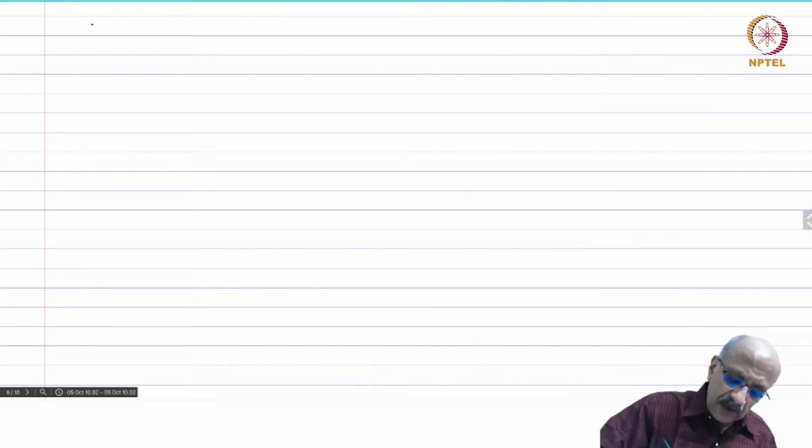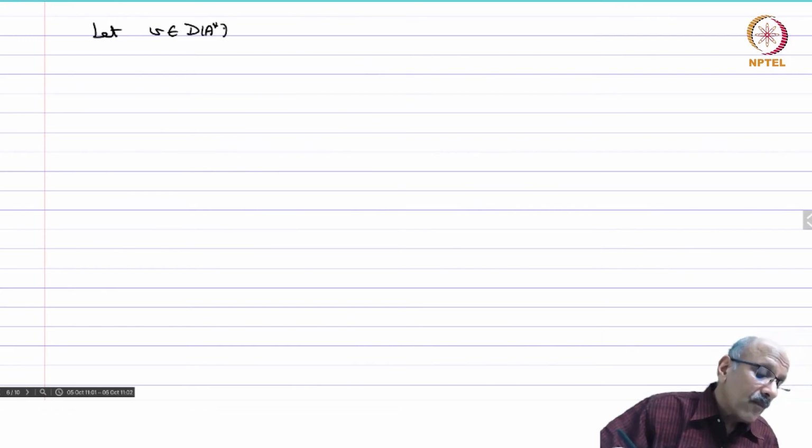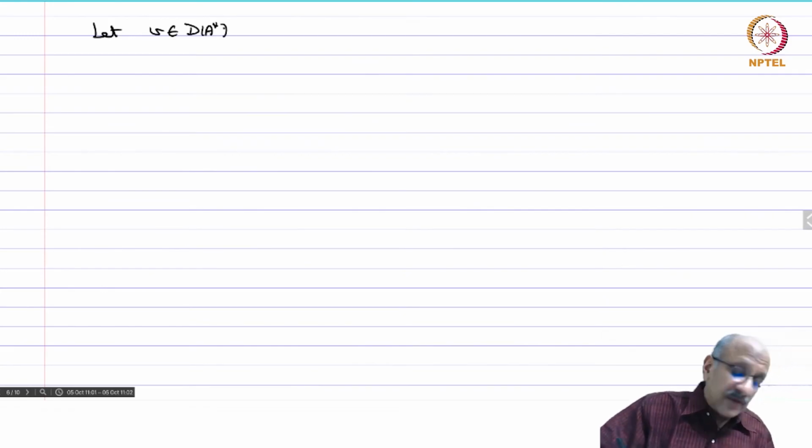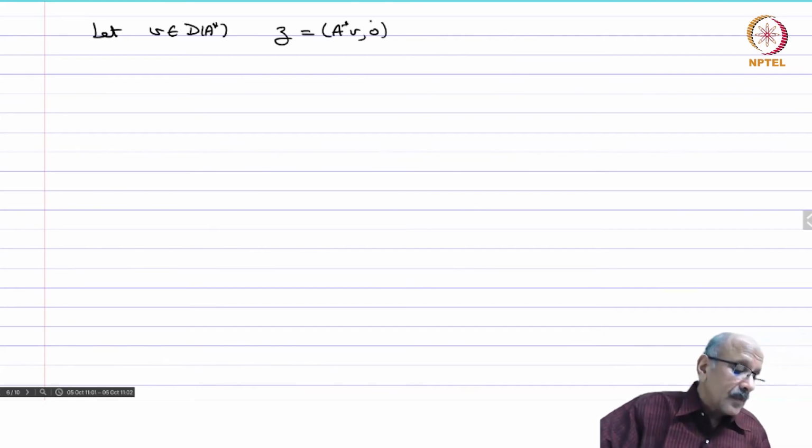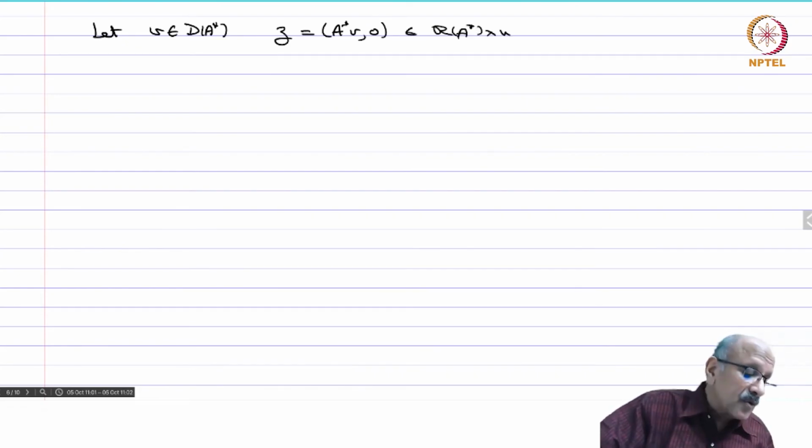So let us take V in the domain of A star. Then set Z equals A star V comma 0. So this belongs to the range of A star cross W star, which is in, as we know, G perp plus H perp.